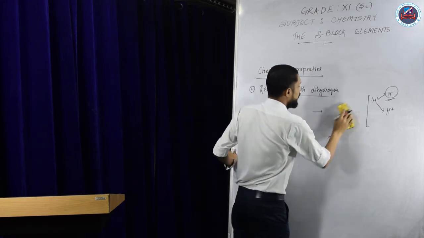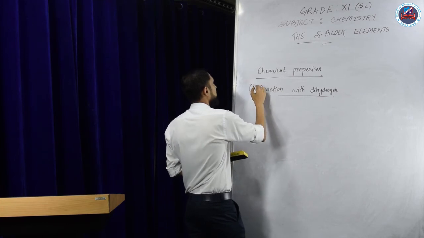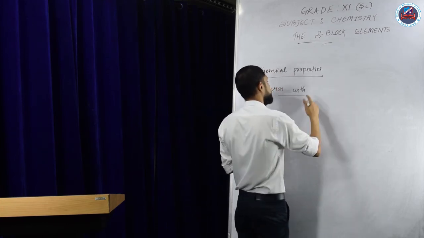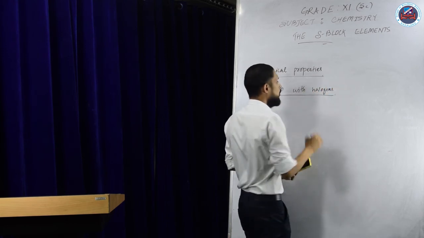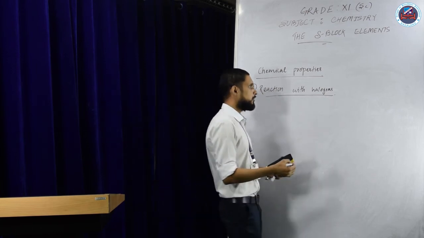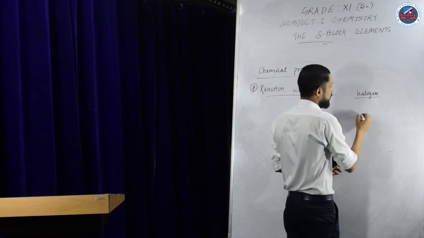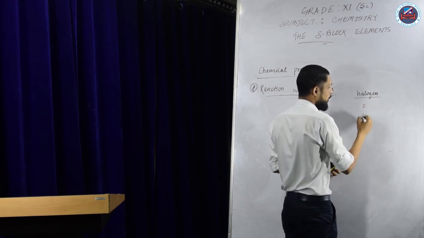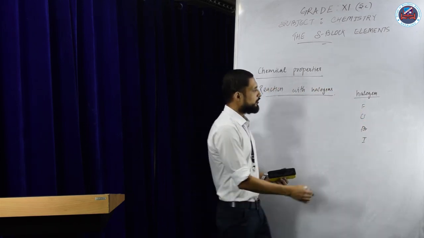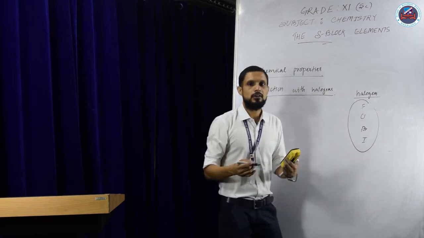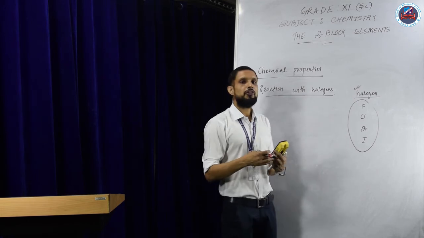Next, let us see the reaction of alkali metals with halogens. First of all, what is meant by halogen? Halogens are the group 17 elements like fluorine, chlorine, bromine, iodine. These elements together are known as halogens. Now, how do they react with alkali metals?